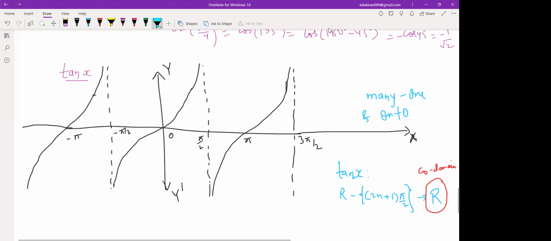Anyone can give any input? So let us take this branch.